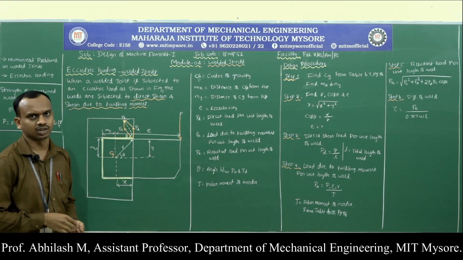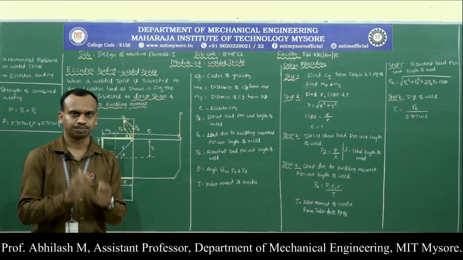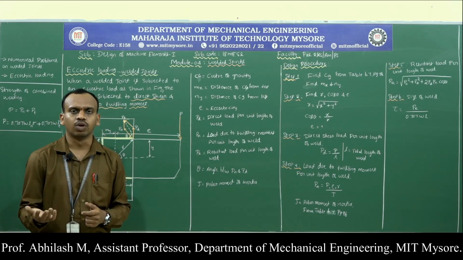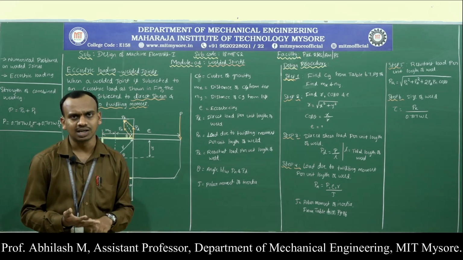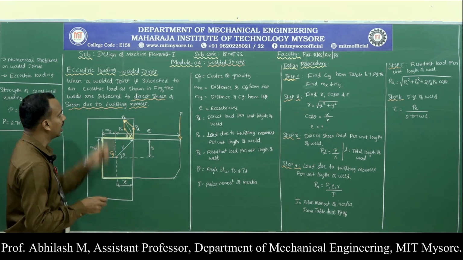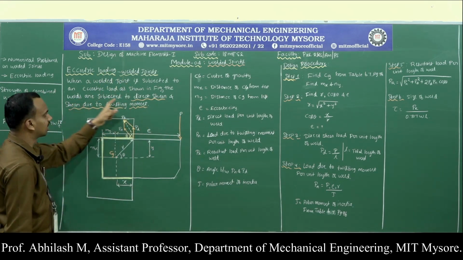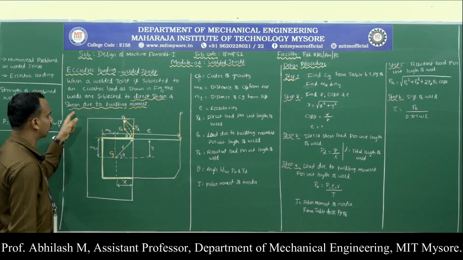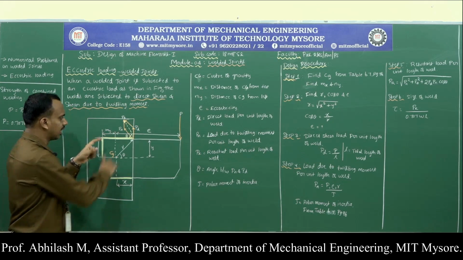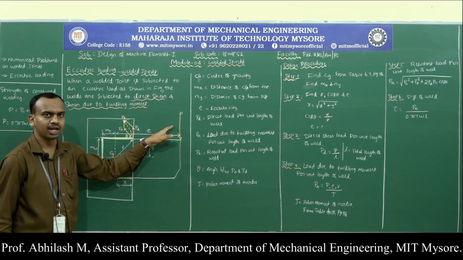Just like in the case of a component subjected to eccentric load, where the stress is the resultant of the normal stress as well as the bending stress, similarly when the welded joint is subjected to an eccentric load, the welds are subjected to direct shear as well as the shear due to the twisting moment.